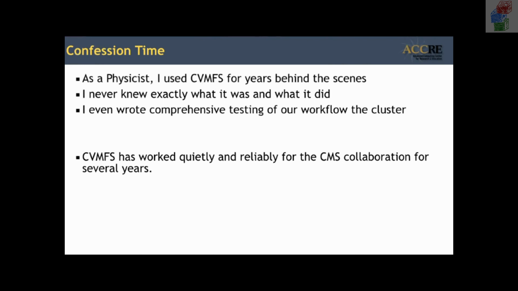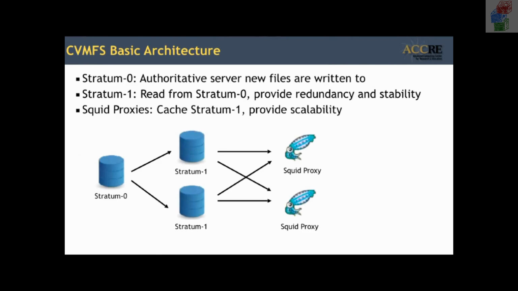So based on that history and the new challenges we were facing, we decided to go see if we could make CVMFS work, not just for CERN software, but for our own software stack. Now, the basic architecture of CVMFS is you have what's called a stratum 0. This is an authoritative system which new files are written to.